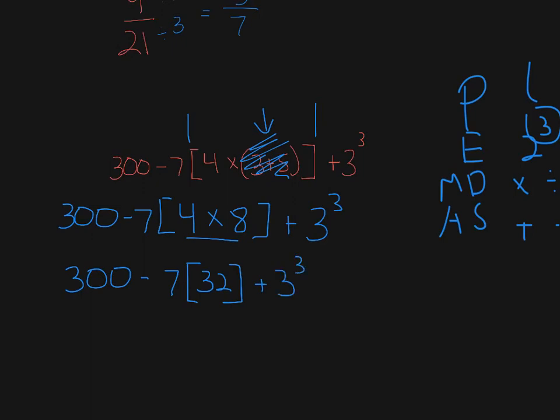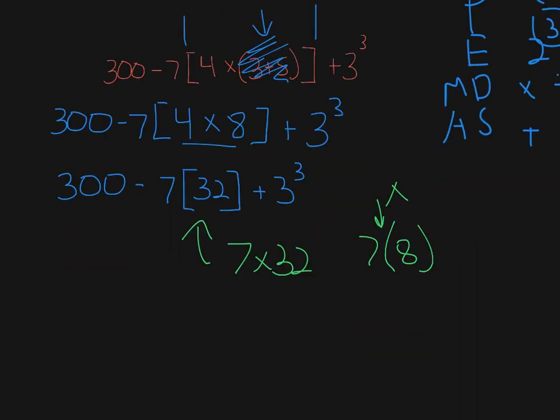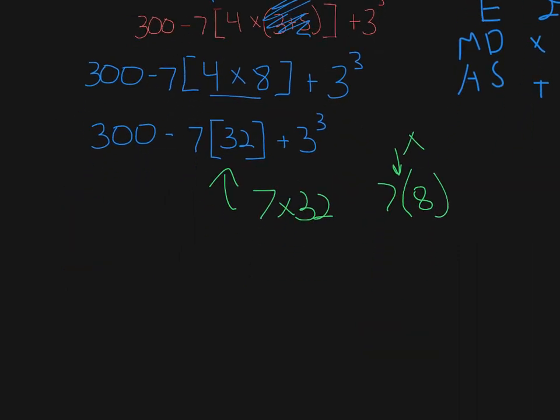Now, this little thing right here, where it's 7 brackets 32, that's pretty much saying 7 times 32. When a number is next to a parentheses or a bracket like this, that just means that it is multiplication. But we're not going to multiply that 7 and the 32 because we have to do exponents next.